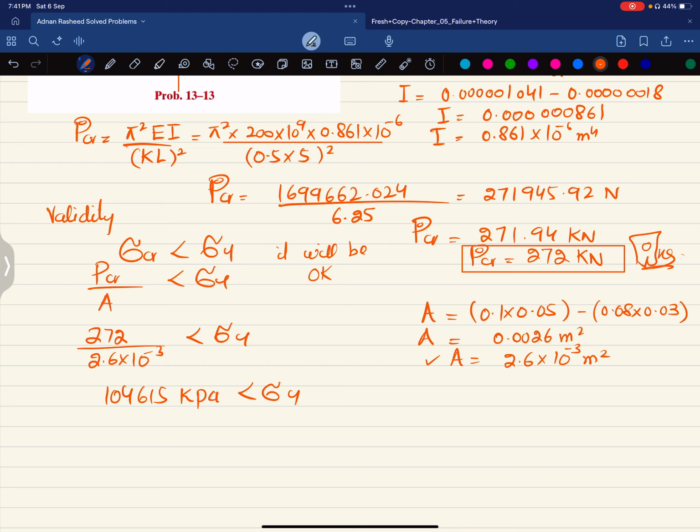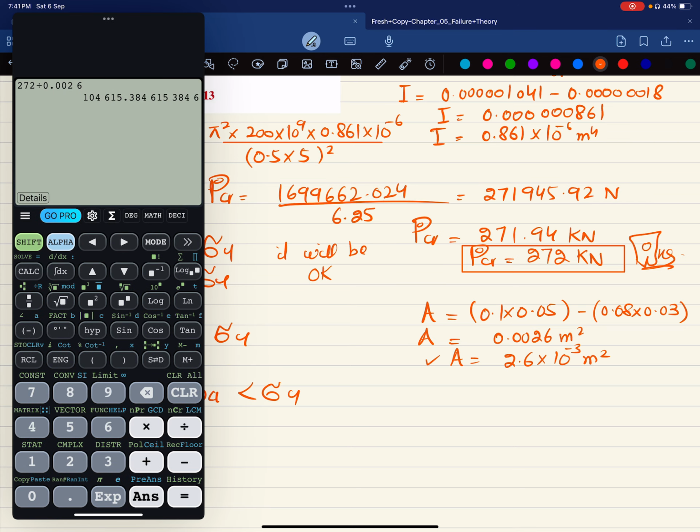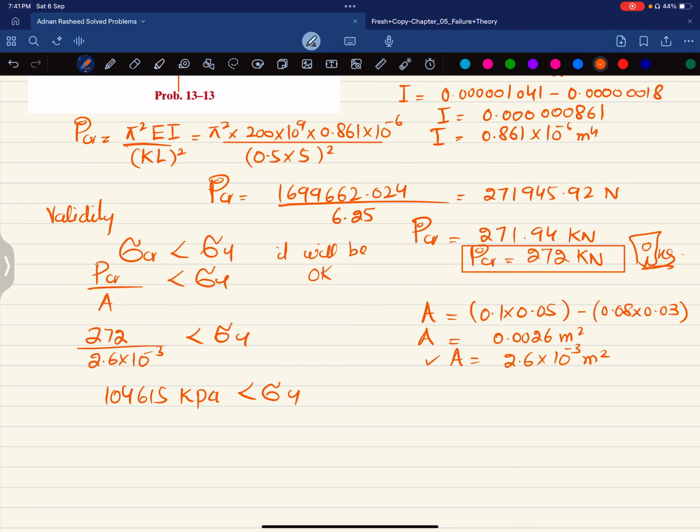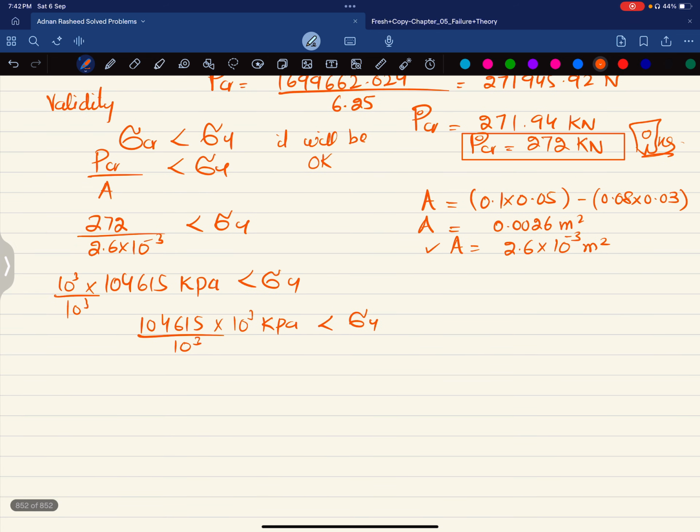Now if you multiply and divide it by 10 raised to power 3, what we will get is 104,615 into 10 raised to power 3 kilopascal divided by 10 raised to power 3, that should be less than yield stress, and this term will give you 104.615, and 10 raised to power 3 kilopascal will be equal to megapascal.